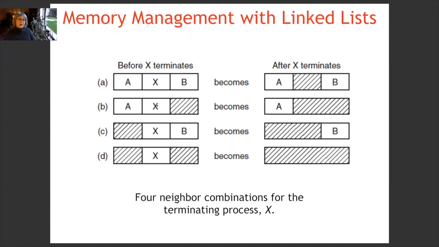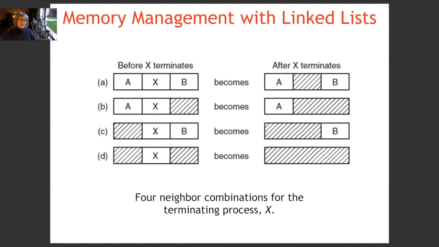For the second case, notice that there is a free area neighboring process X. When it terminates, these 2 free areas should be combined as a single free area if a linked list is used.